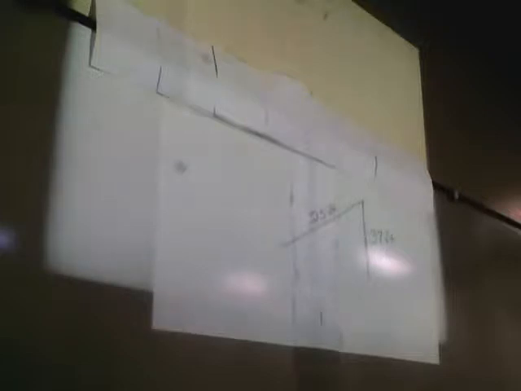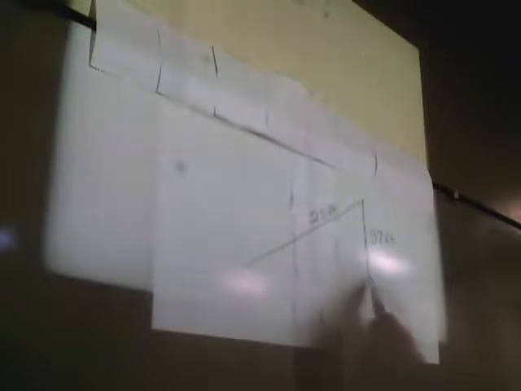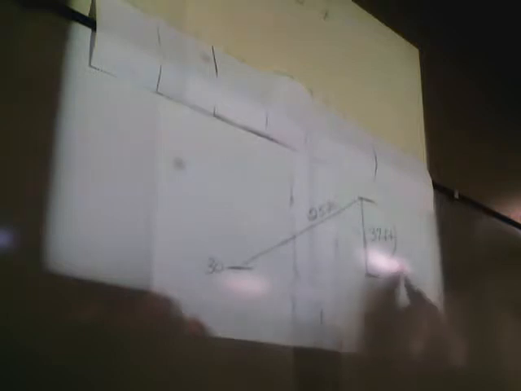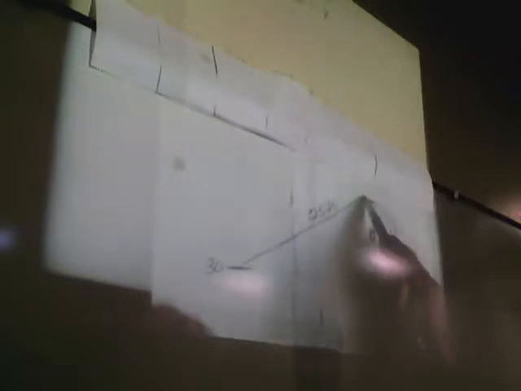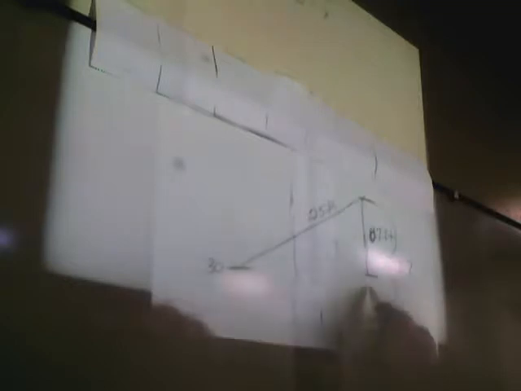It slopes downward from 37 feet to right here is 30 feet. So actually, if from here to the floor is 37, this would only be 7 feet, wouldn't it? This is a height of 37, and it goes down to a height of 30. So here's 30 feet here. So we only have a 7 foot right here.